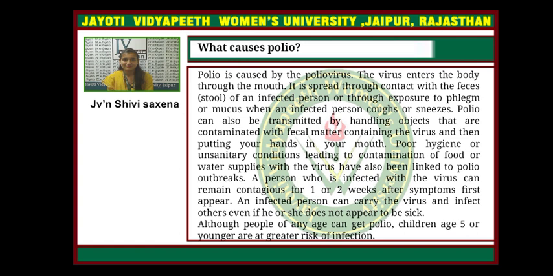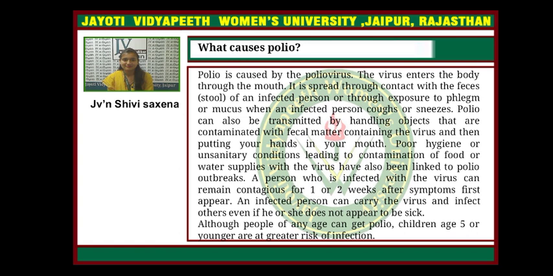It is spread through contact with the feces of an infected person or through exposure to phlegm or mucus when an infected person coughs or sneezes. Polio can also be transmitted by handling objects that are contaminated with fecal matter containing the virus and then putting your hands in your mouth.